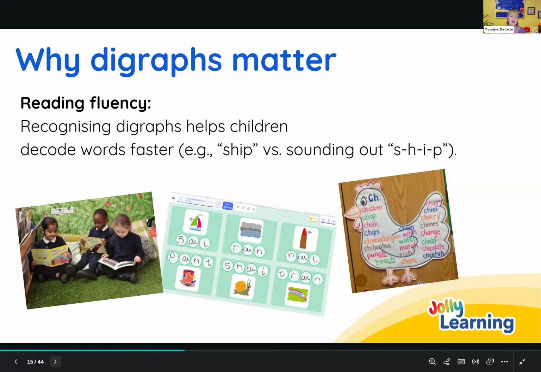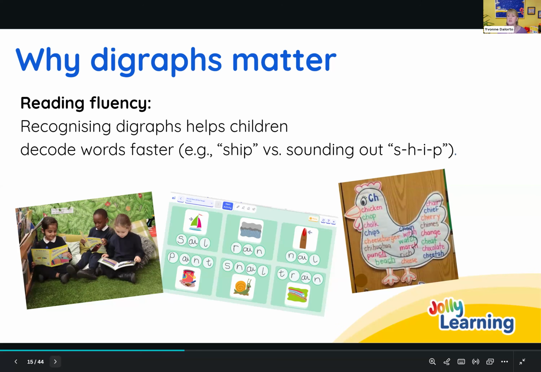If children are trying to work out a word and they're slavishly working at how do I break it down, what does it mean, it's going to have a deficit on their fluency and also their comprehension. Decoding, if they can't decode that word because they haven't learned the digraphs properly, they may be reading a word like shop as s-hop. So you can immediately see how we probably have difficulties further along if we don't get it right.